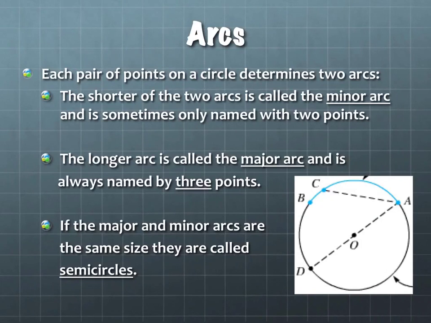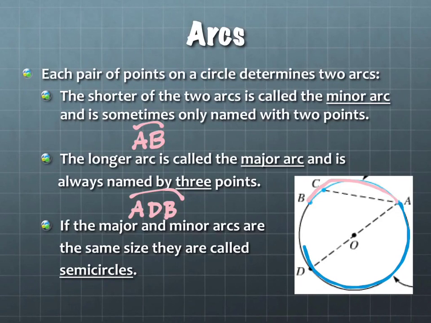So that would be the example here of AB, and it would be this piece of AB. But the longer arc is called the major arc, and it's always labeled with 3 points. Always. So if we want the major arc AB here, we could call it ADB. And it would be the one in blue, like that.